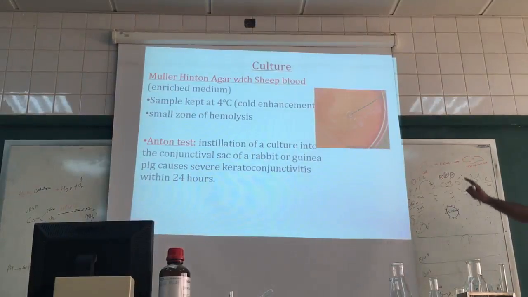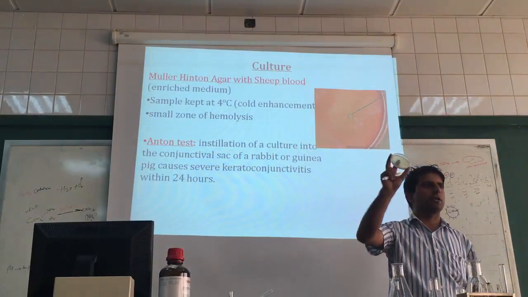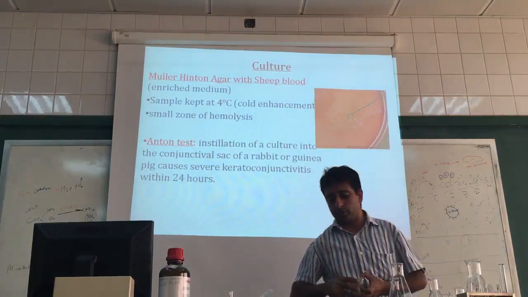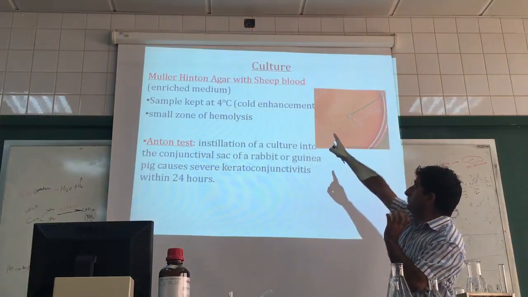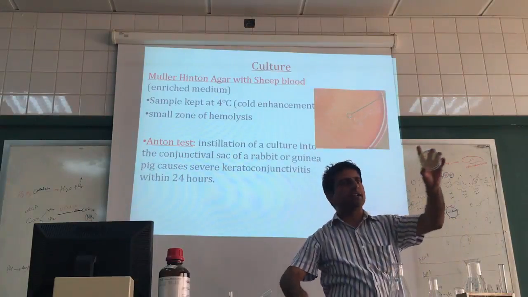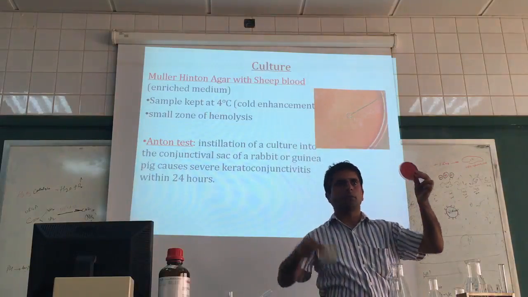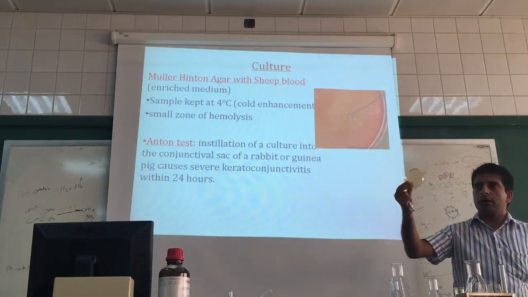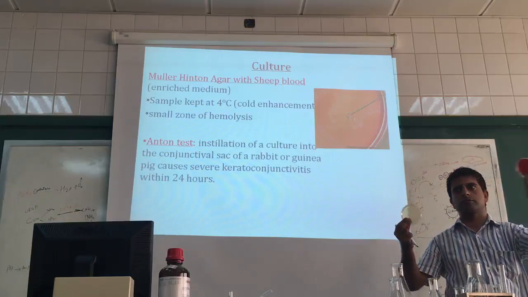you see the Mueller-Hinton agar. This is Mueller-Hinton, but when you add sheep blood to it, it becomes like this. In the laboratory, when we add sheep blood to it, it becomes like this.